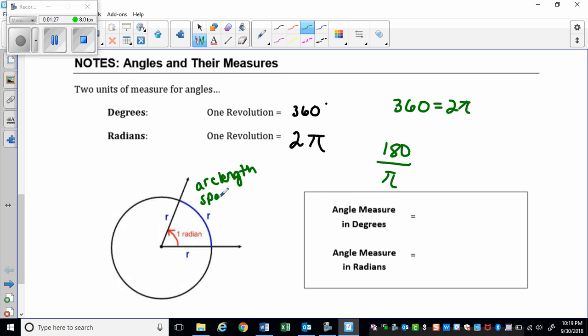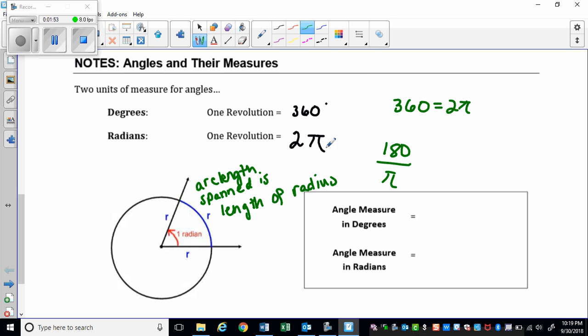This is the arc length. Of the radius. So this is equal to the length of the radius.